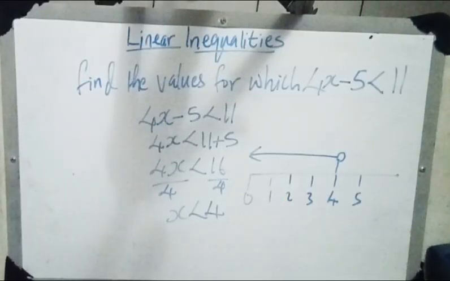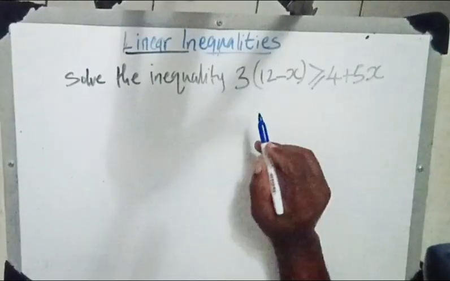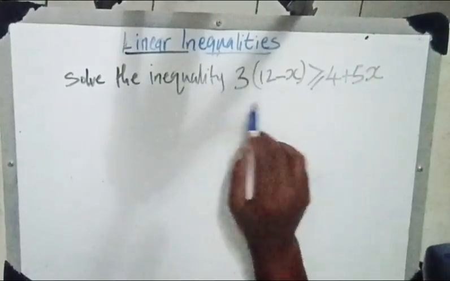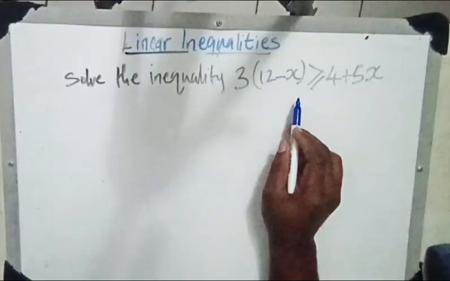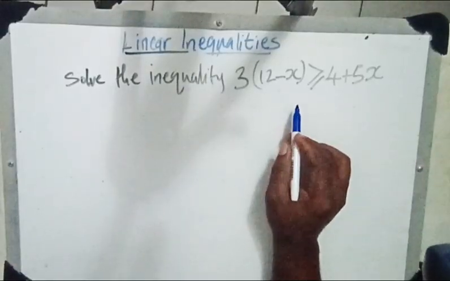Now let's take another example. We have this question: solve the inequality 3 times 12 minus x greater than or equal to 4 plus 5x.